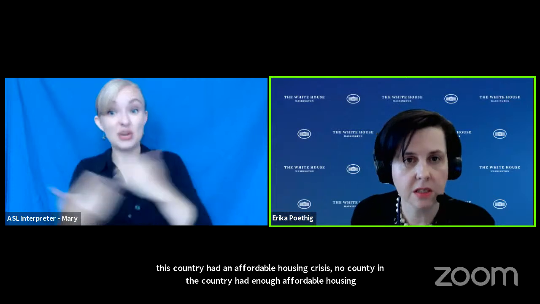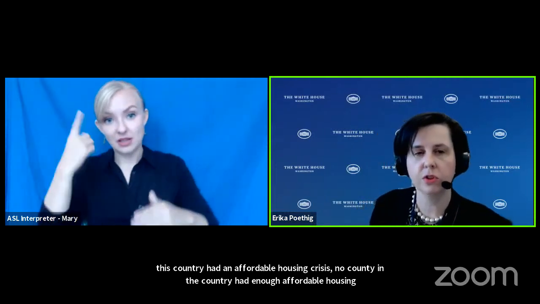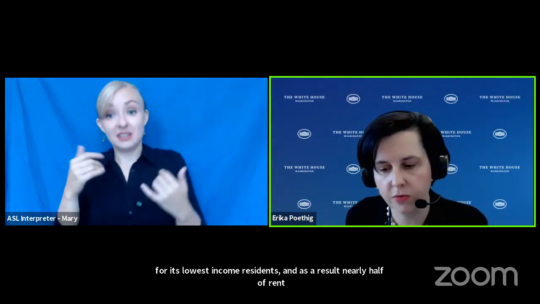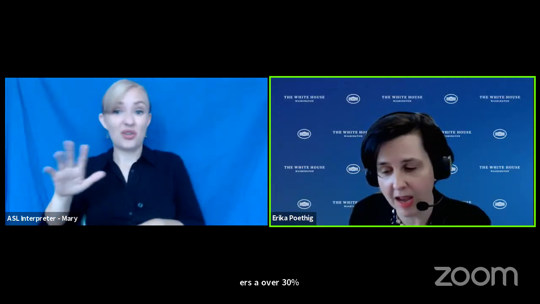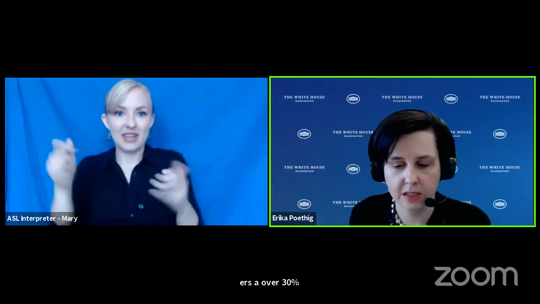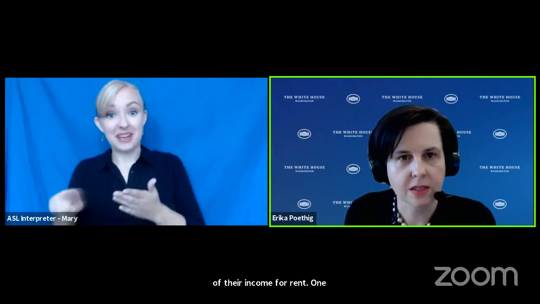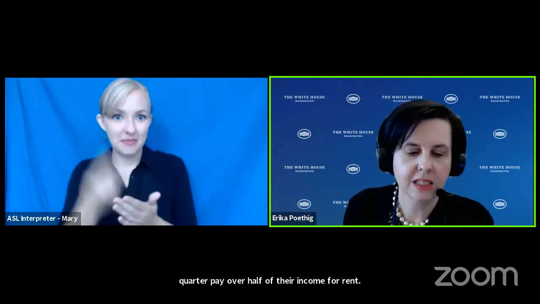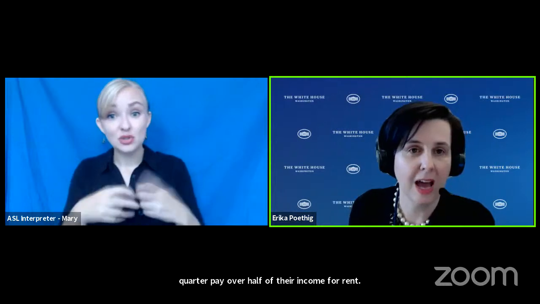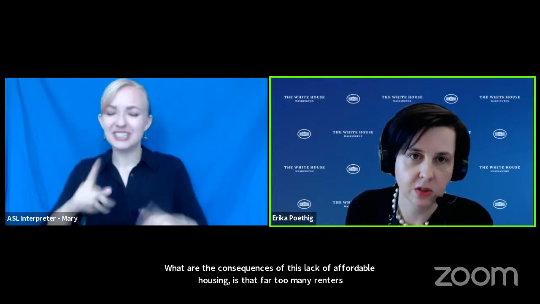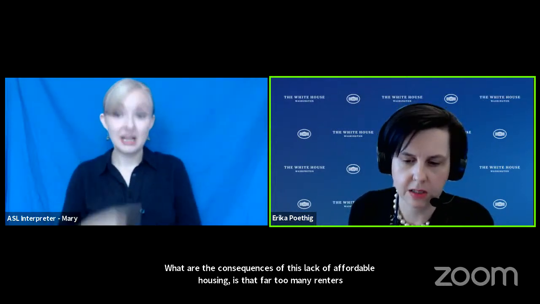And as a result, nearly half of renters pay over 30% of their income for rent, and a quarter pay over half of their income for rent. So one of the consequences of this lack of affordable housing is that far too many renters cannot pay rent, and many of those households get evicted for non-payment of rent.